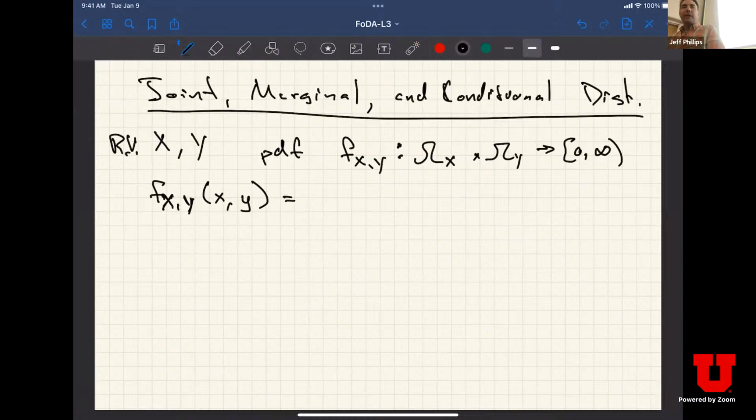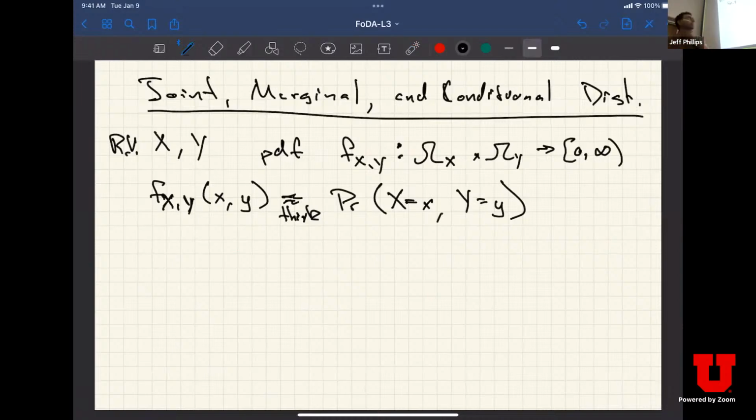So at least in the discrete case, this is kind of like the probability that the random variable x takes on the value x, and that the random variable y takes on the value y.